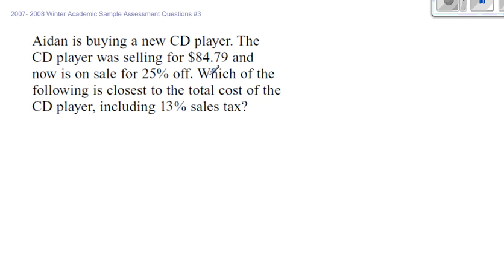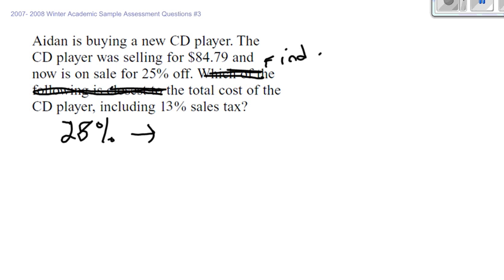Obviously I cut off all of the multiple choice, so we're just going to find the total cost. We'll pretend it's not multiple choice. The first thing I'm going to do is calculate the discount amount. The way that I work it is if it's 25% off, then Aiden pays 75% of the original cost.